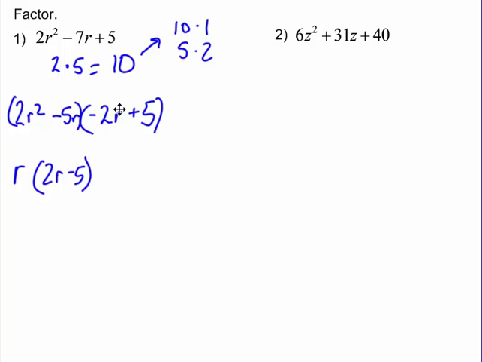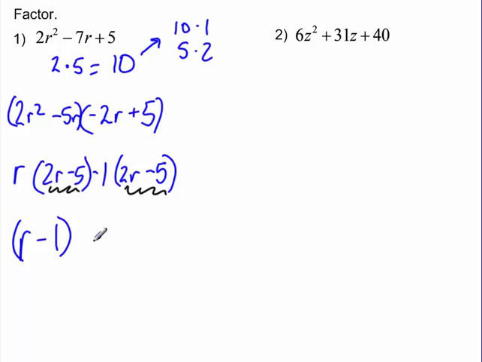And over here, there is not one greatest common factor, but I want a positive 2r, so I'm going to factor out that negative 1. That changes the sign of this to 2r, and changes the sign of the 5 to negative 5. I have exactly what I want right here. These are the same. So success, and now I just collect my terms. r minus 1 is one of my binomials, and the other one is 2r minus 5.